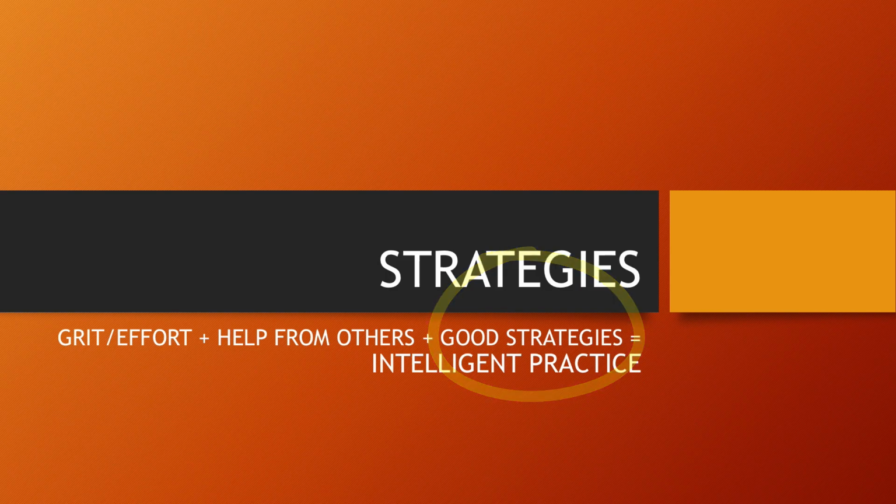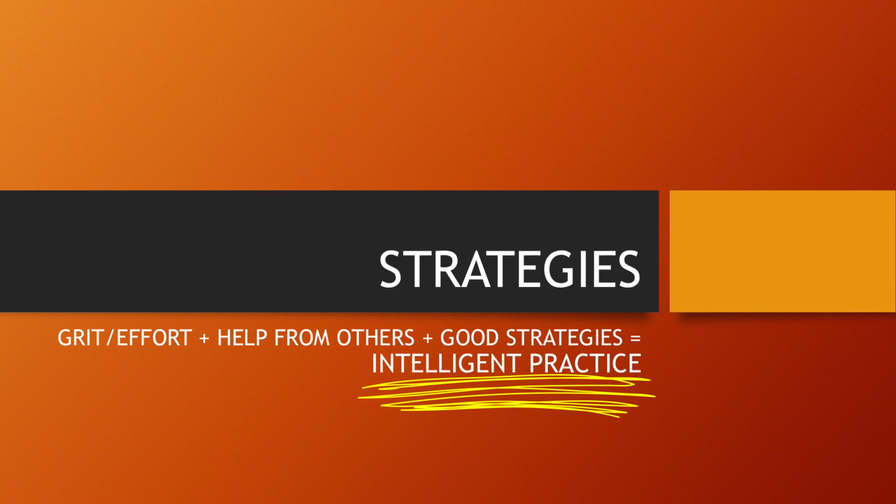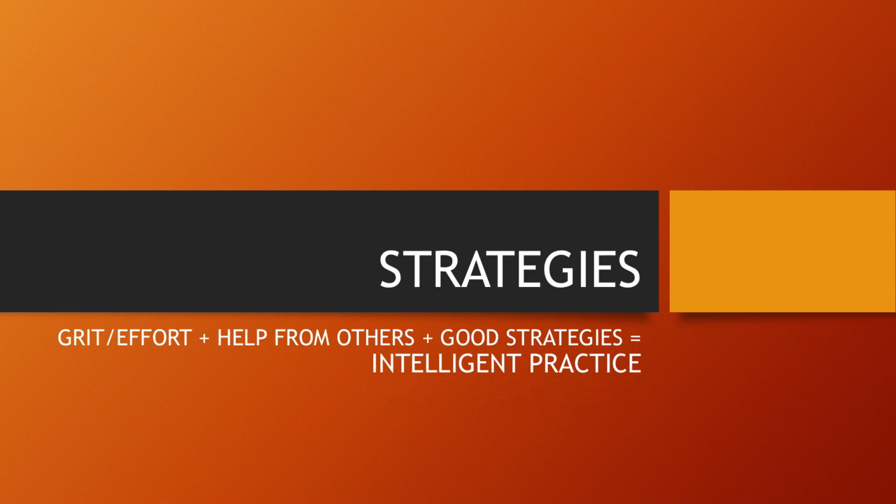All those three together equal intelligent practice. So, what if I told you that in order to memorize this entire list, it's all one thing, one strategy that I'm going to give you, and you can memorize the list? Let me share that with you.